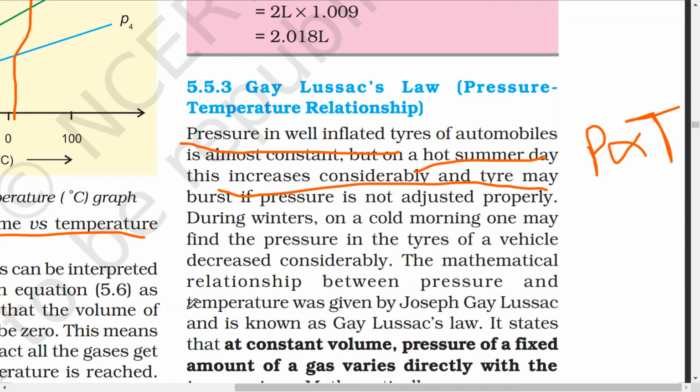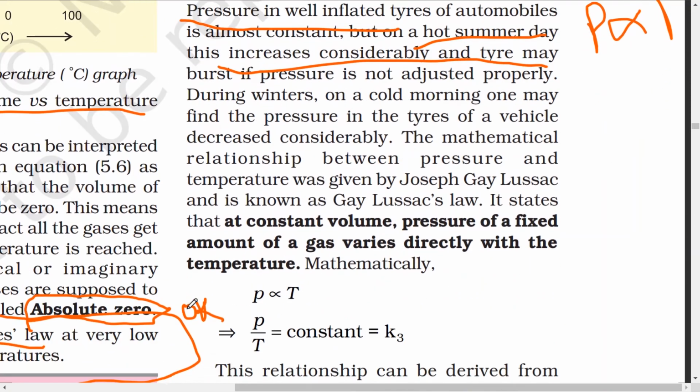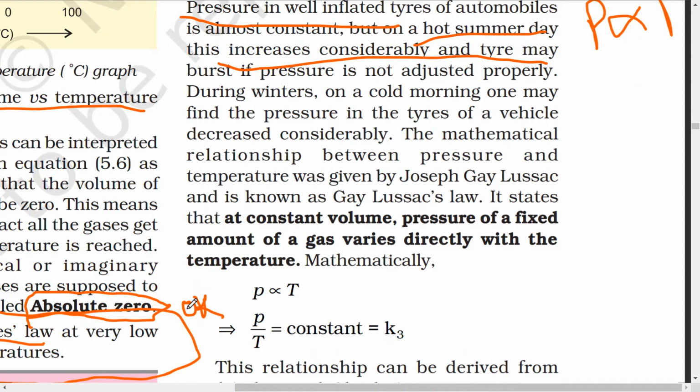The mathematical relationship between pressure and temperature was given by Joseph Gay-Lussac, and this is also known as Gay-Lussac's law. It states that at constant volume, pressure of a fixed amount of gas varies directly with temperature.